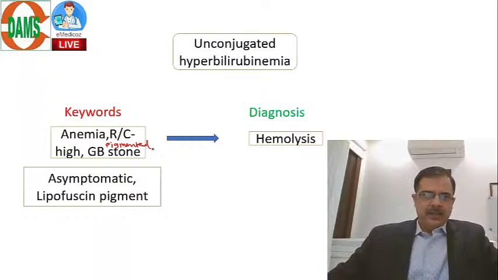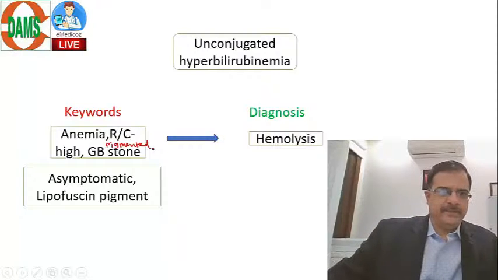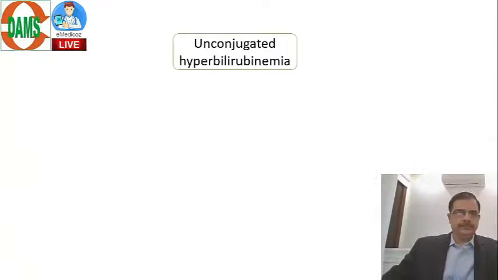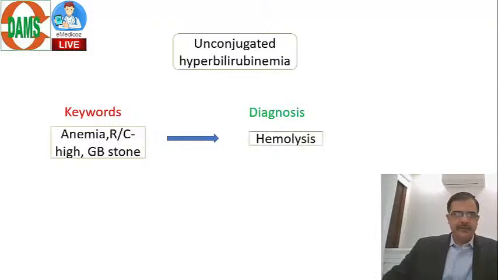Now, it is given that the patient is totally asymptomatic. So let me just decrease the picture size. Okay, so anemia, reticulocyte count, the diagnosis is a case of hemolysis.